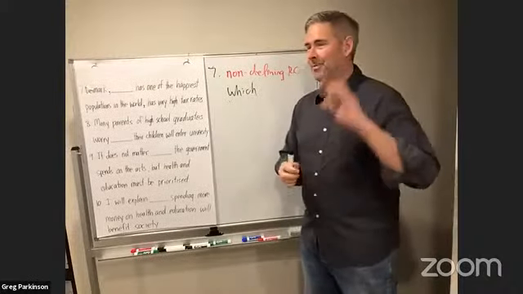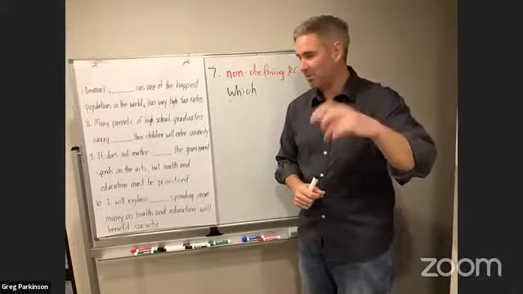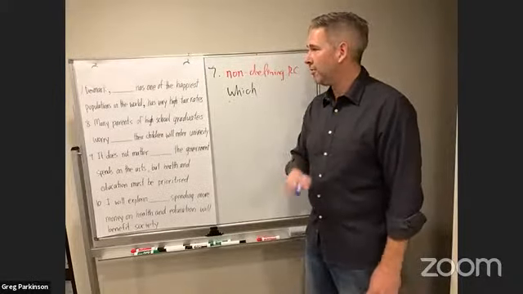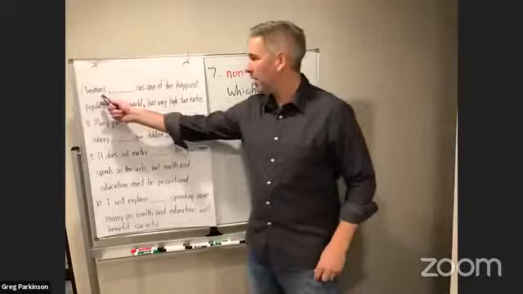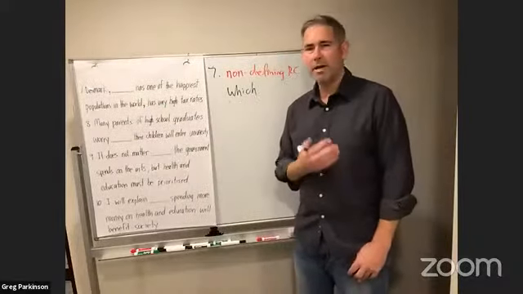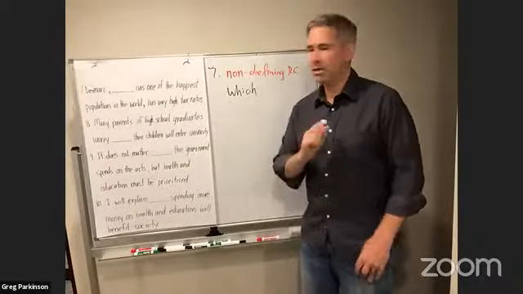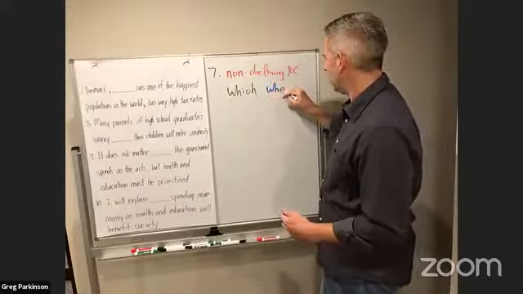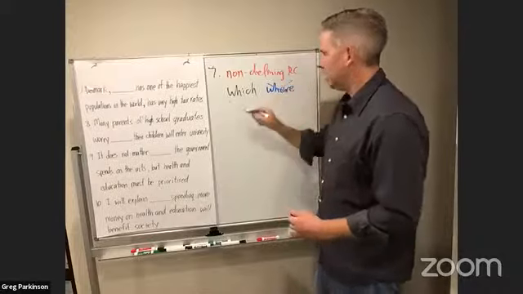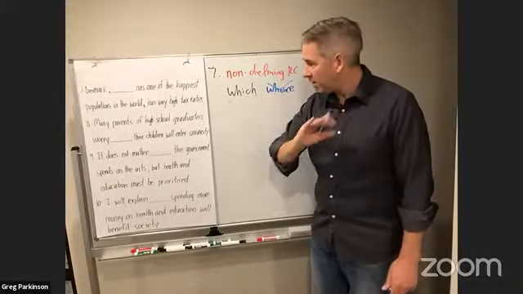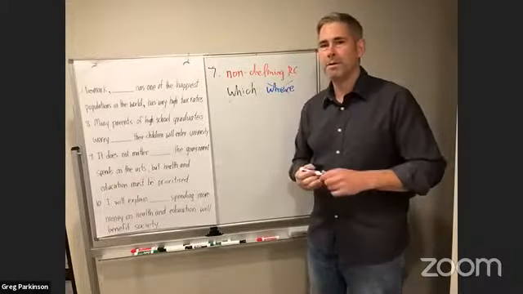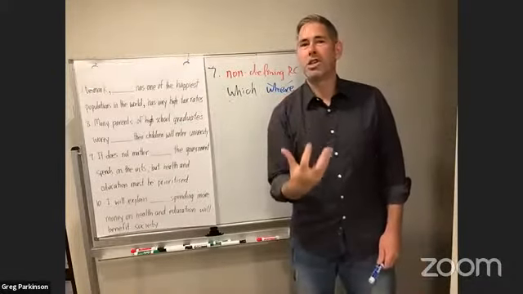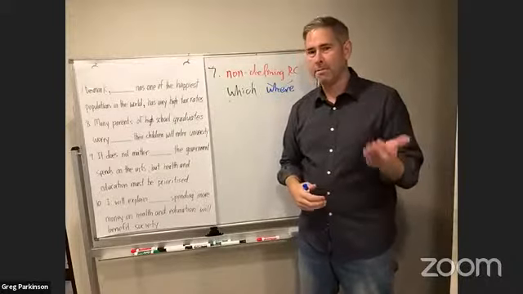Now, this is a point I want to make because I know it's a source of confusion for many people. A lot of people will say, oh, but Denmark is a place, so we should use where. The reason we don't say where is because in this case, we're not thinking about the position of Denmark, right?